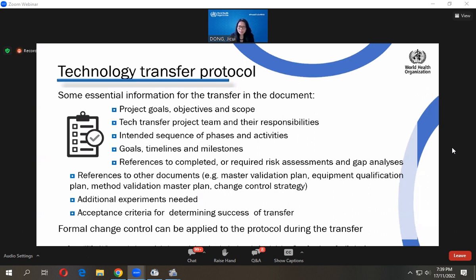And we also need to know what the steps of technology transfer are. Each step includes what activities. All this needs to be identified during the phase to develop the technology transfer protocol.